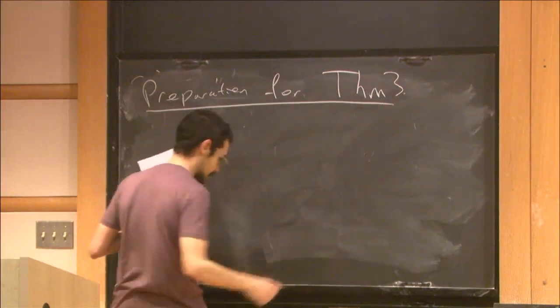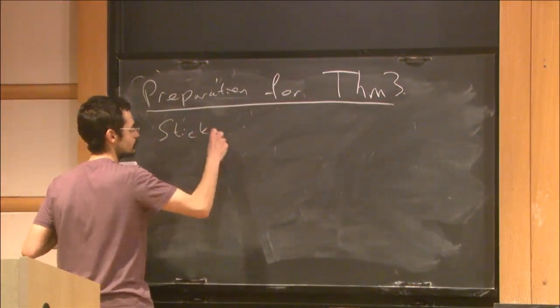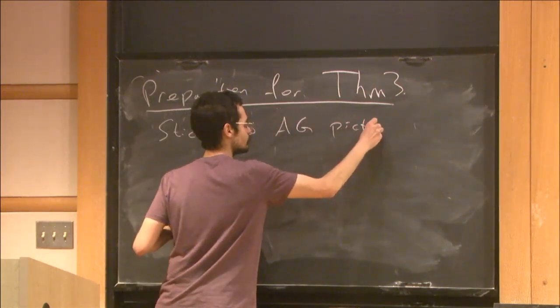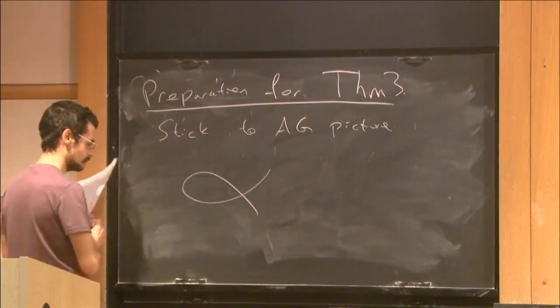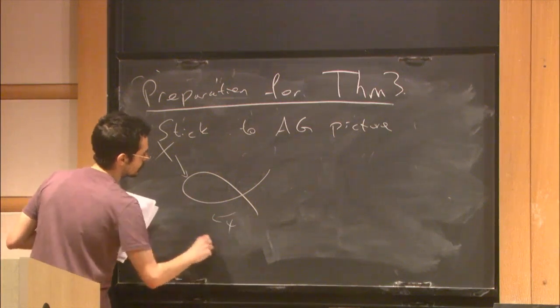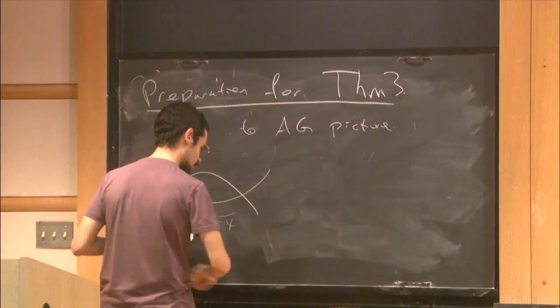Okay. So we will stick to the algebraic geometry picture. If you remember, it was essentially this algebraic fibration over the nodal elliptic curve.